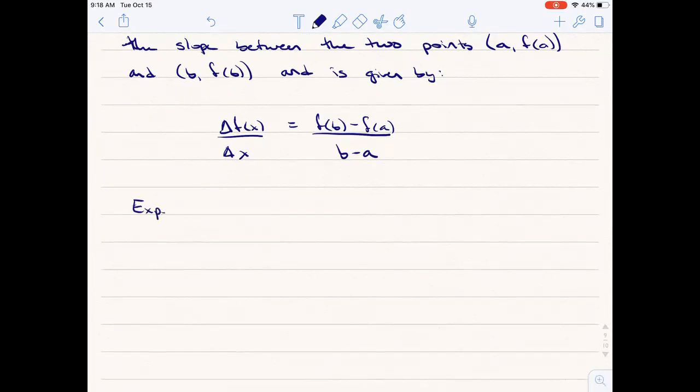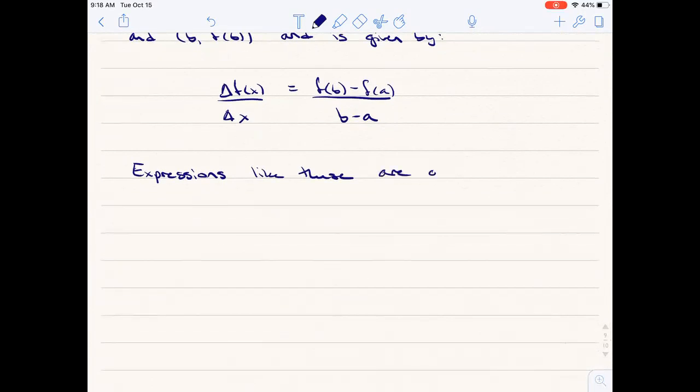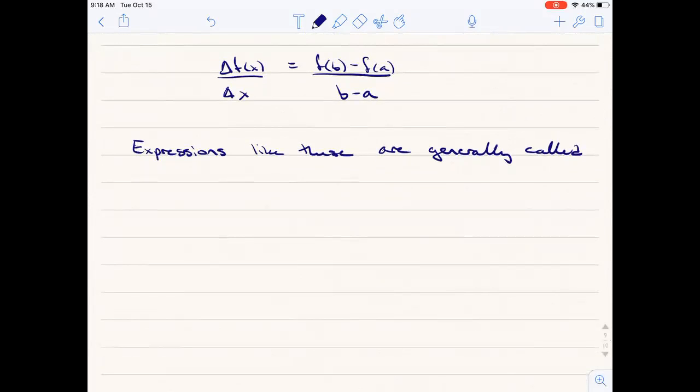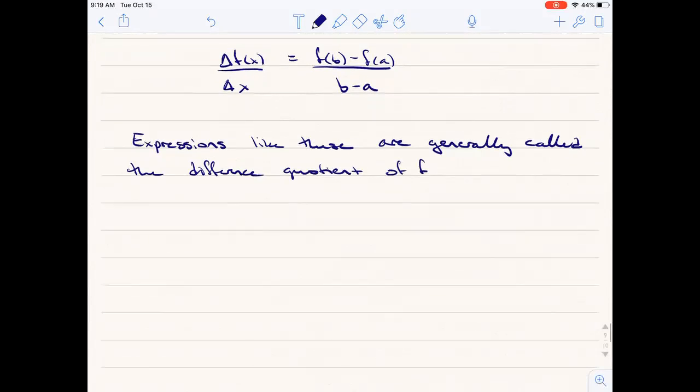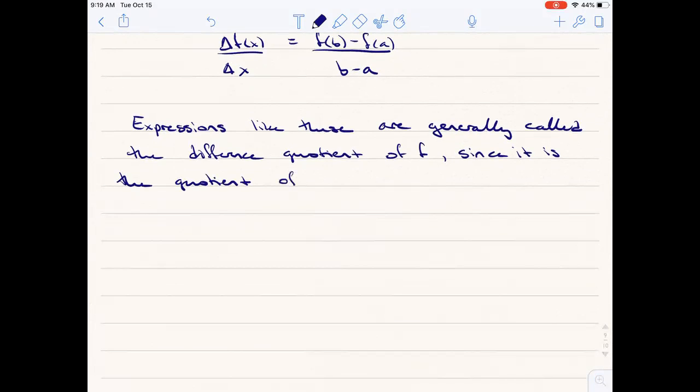Expressions like these are generally called the difference quotient of f since it is the quotient of two differences.